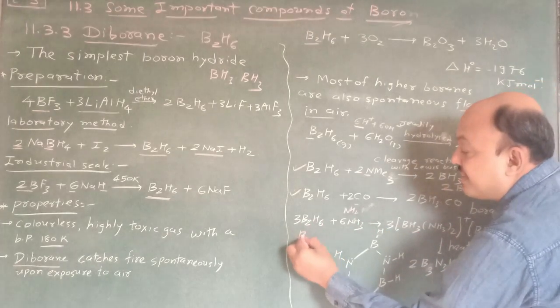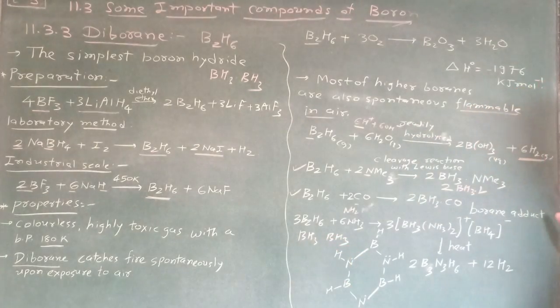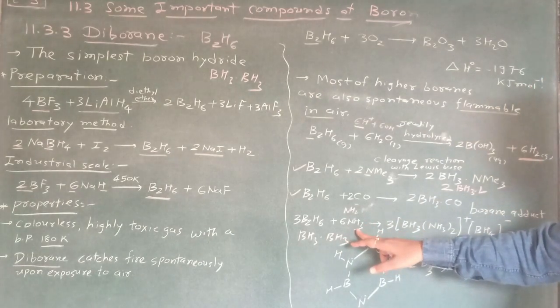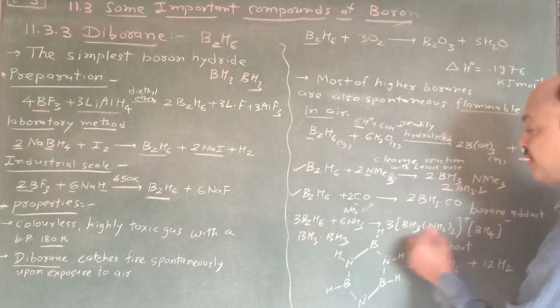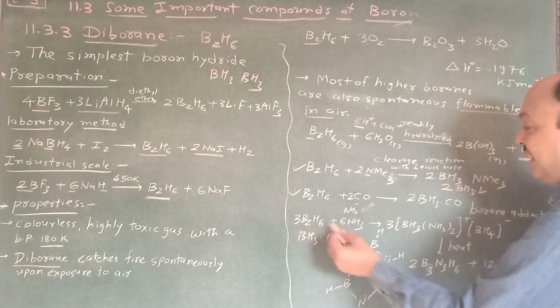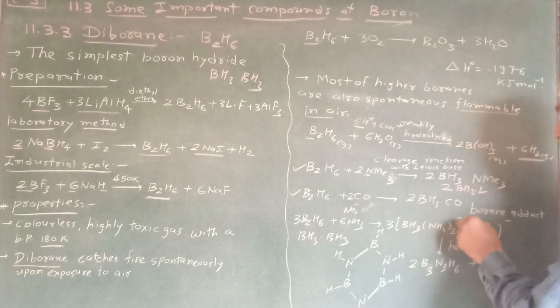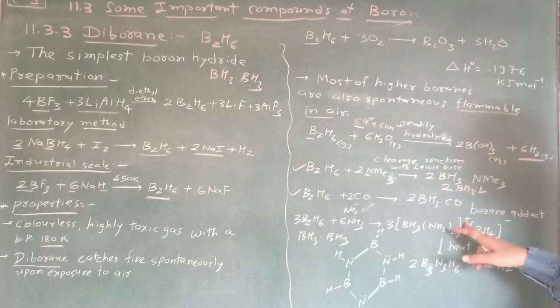This B2H6 you write down this way, BH3 BH3. Another, 6 moles of NH3 are there. So here, suppose 2 moles of NH3 are attached at this position, two are there, and that's why here BH3(NH3)2 is obtained, and plus. Is it clear? BH3(NH3)2 and here plus.